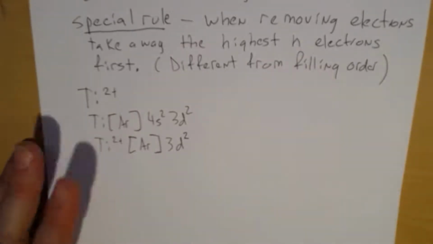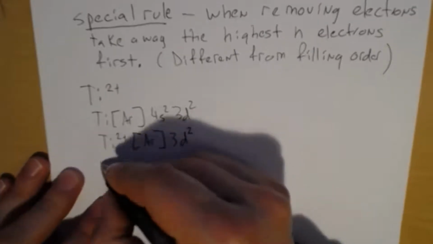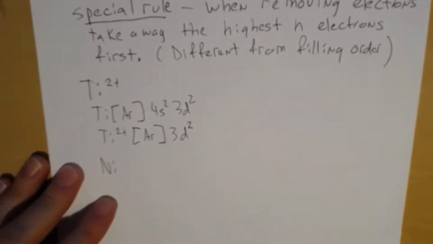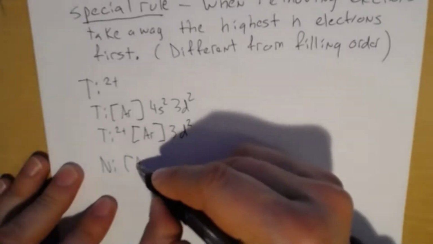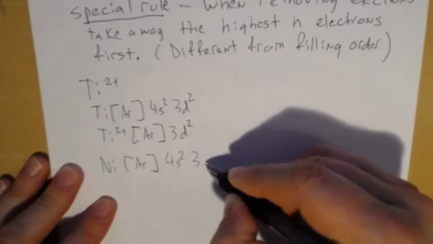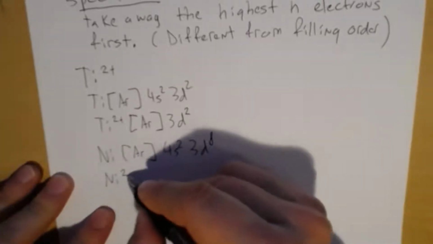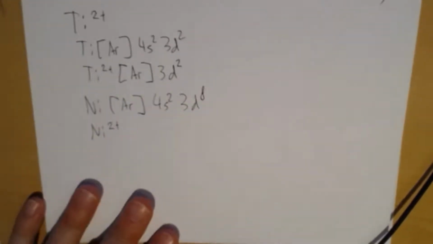And so they kind of skipped that on the PowerPoint. They gave you nickel and they didn't explain it, remember? So nickel was argon 4s2 3d8. What's nickel 2+ going to be? Argon 3d8.